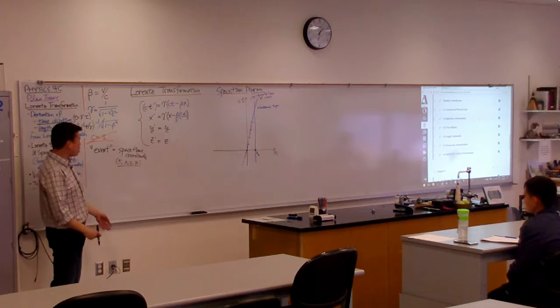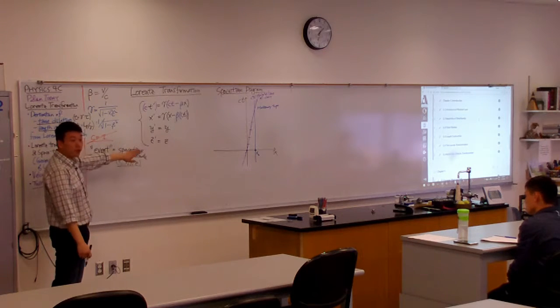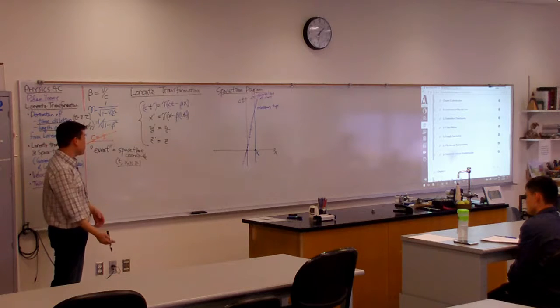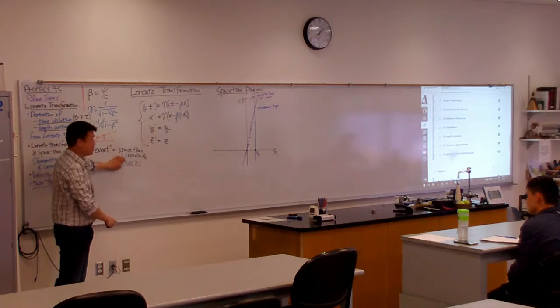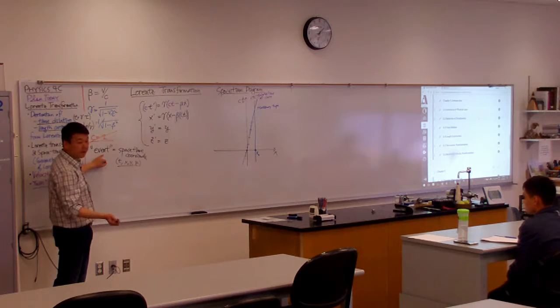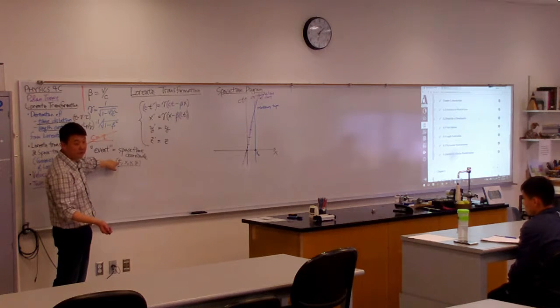Okay? We call it event rather than just coordinate or point, because when you say coordinate or point, a lot of people just think of a spatial coordinate. When we say event, we are being more clear that we are including the specific time.